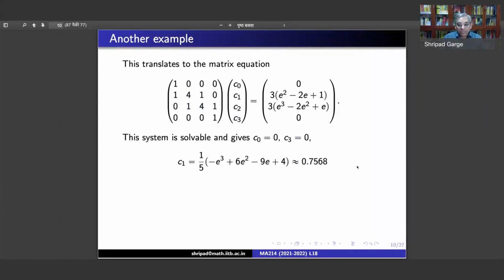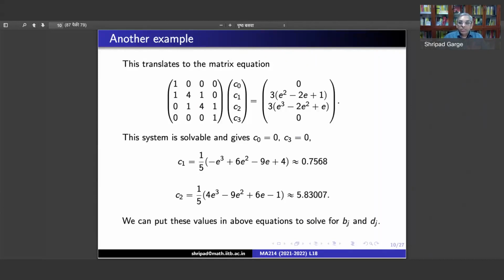It gives you C0 equal to 0, C3 equal to 0. C1 is this particular quantity which you have once you invert the matrix, either the 2 by 2 matrix or the 4 by 4 matrix, which is essentially the same. And C2 entry is this. So we have the full cubic spline, because once you know C1 and C2, C0 and C3 are known.